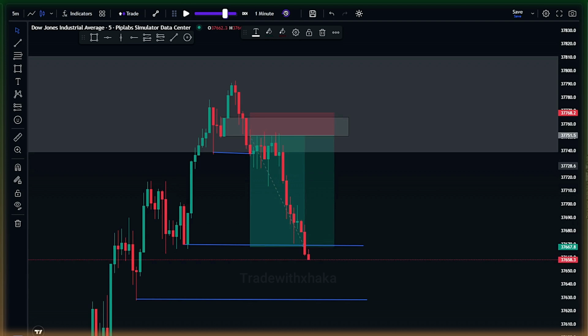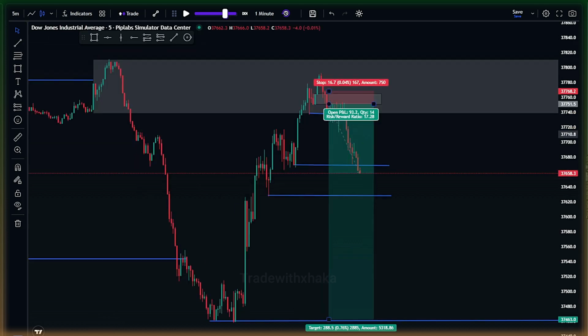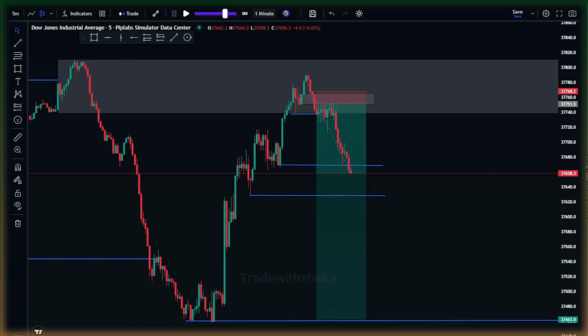So it's left for swing traders to target this higher time frame draw on liquidity, and this gives you a 17.28 risk reward. But as a day trader and a scalper who's using liquidity, just find the next target, the easier target for price to reach, then you close for the day, because this zone will take a very, very long time for price to reach.